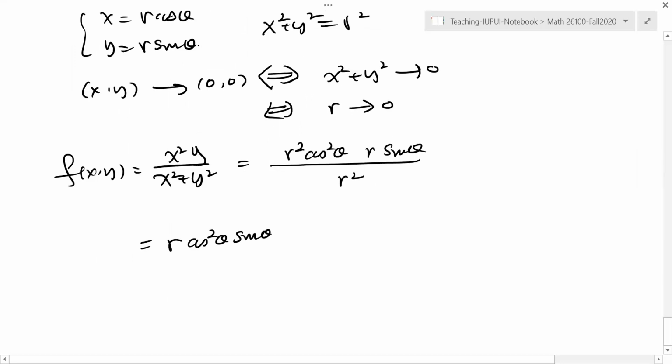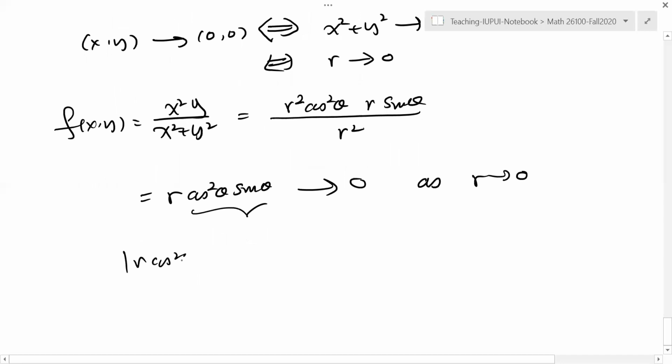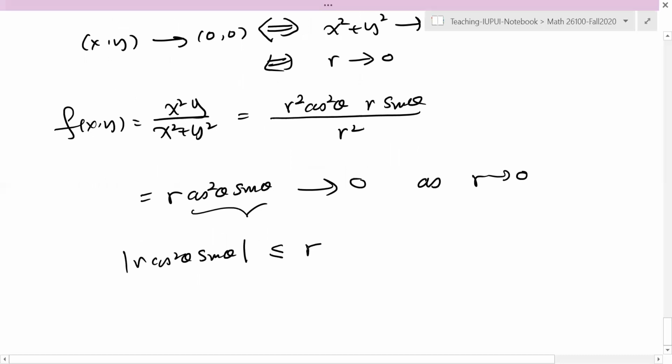This can change sign, but it's clear that when r approaches 0, this part is bounded, so it approaches 0 as r approaches 0. It's independent of theta. The reason is that the absolute value of r cosine squared theta sine theta is less than or equal to r. So if r approaches 0, the term inside the absolute value approaches 0.